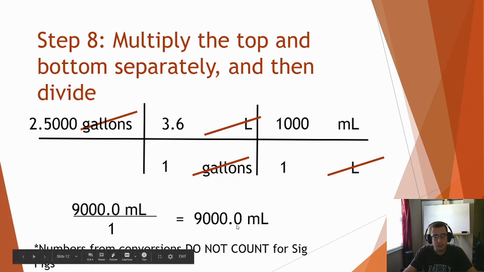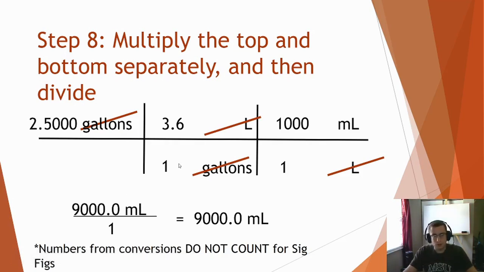By the way, the reason I kept that 0.0 there is because I want to keep track of my significant figures. So if you remember from the sig fig notes, anything that comes from conversions or a reference sheet does not count when you're trying to do sig figs. So both of these numbers came from a conversion that was given to you. Both of these numbers came from a reference sheet, so none of those 4 are going to factor into trying to figure out how many significant figures my problem needs.